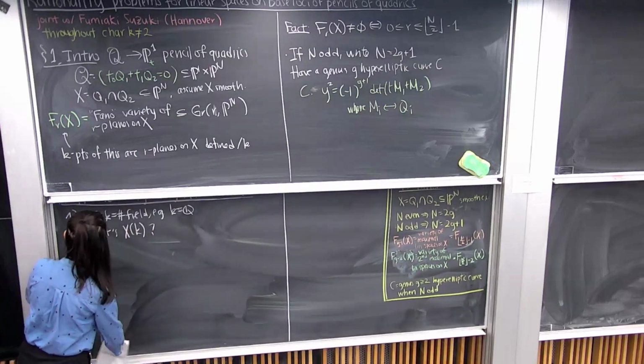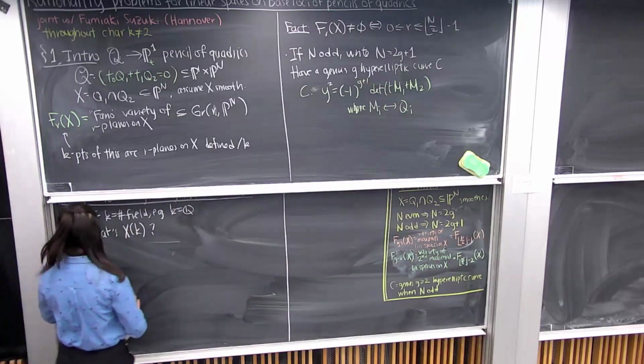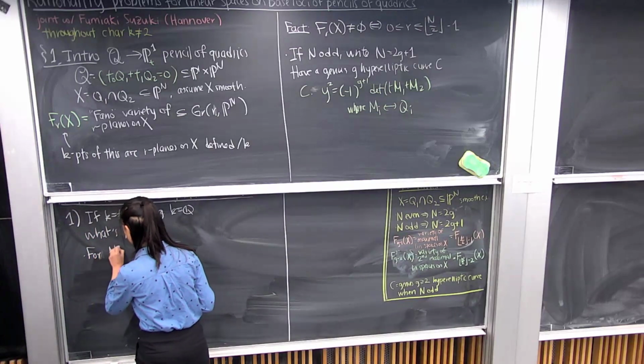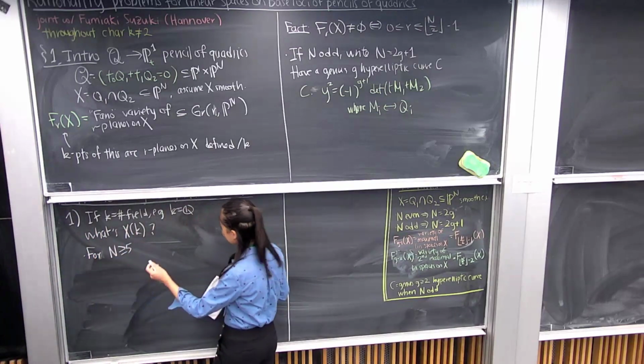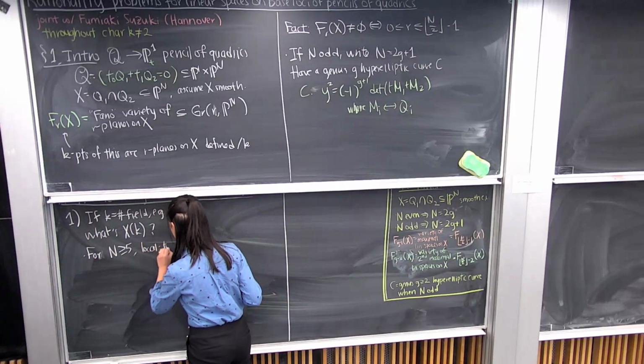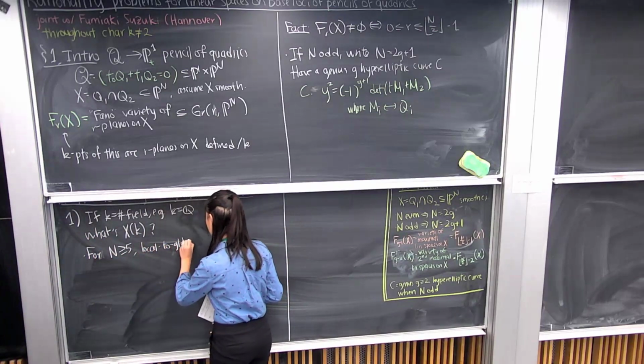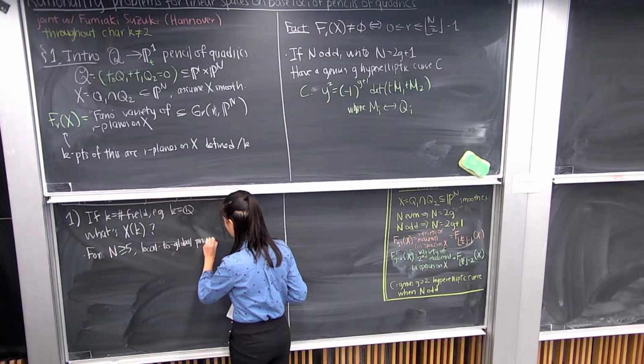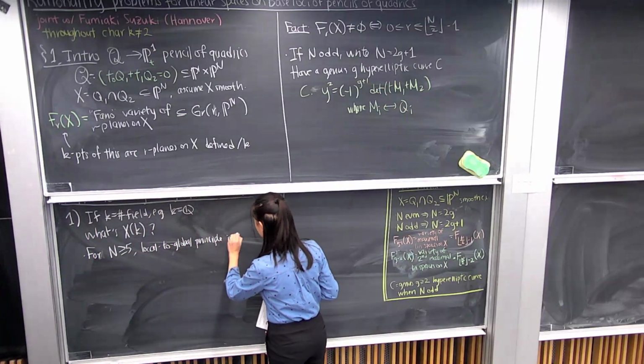what's expected is that for n at least 5, so dimension at least 3, the local to global principle is expected to hold.